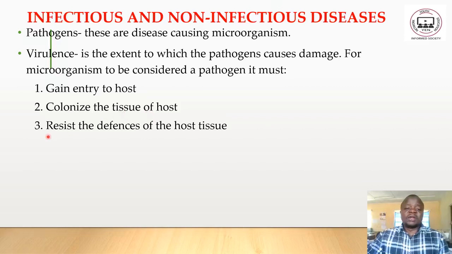Number three, it has to resist the defense of the host tissue. What they mean there is that a host can have immunity. A human being has what we call the first line of defense, which involves the skin.